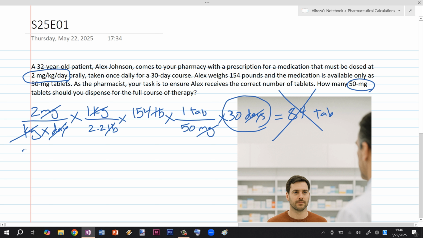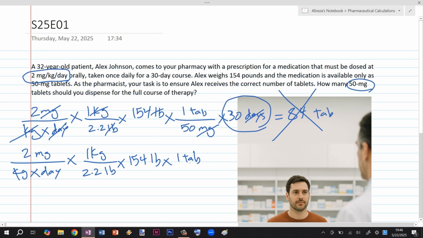So essentially, if you do the 2 milligram per kilogram times day, you do all of the same things. So 2.2 pound times 154 pounds times one tablet divided by 50 milligrams. So don't multiply by day, and this will essentially be about 2.8 tablets.